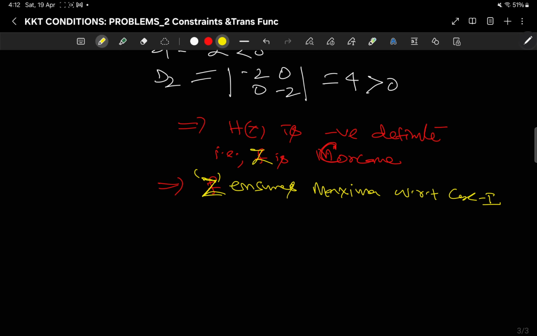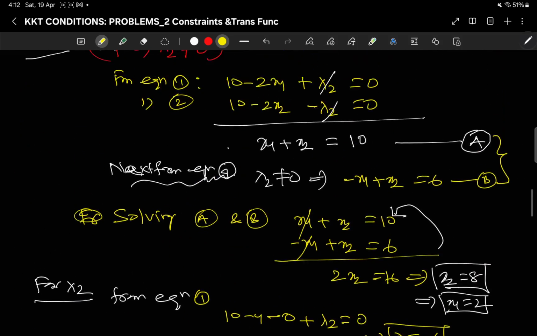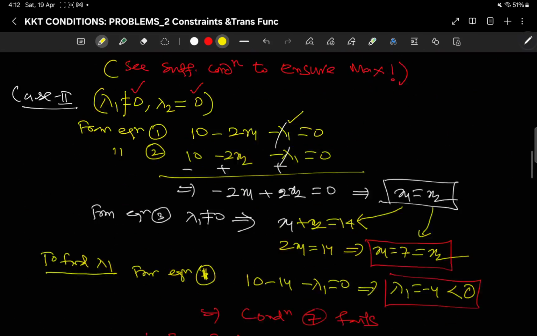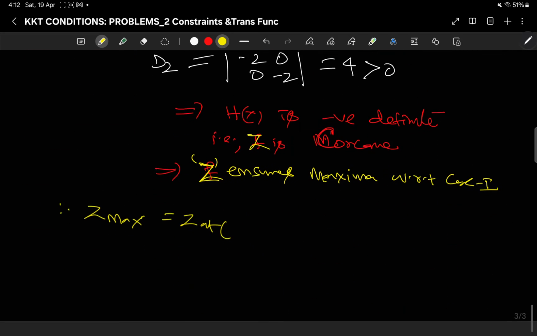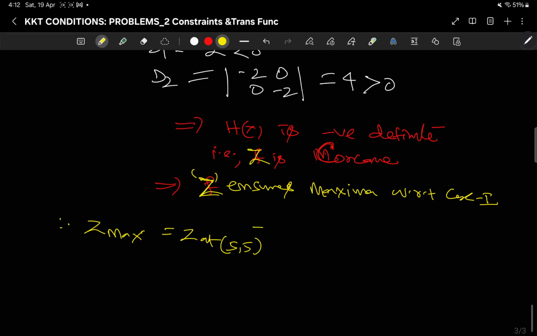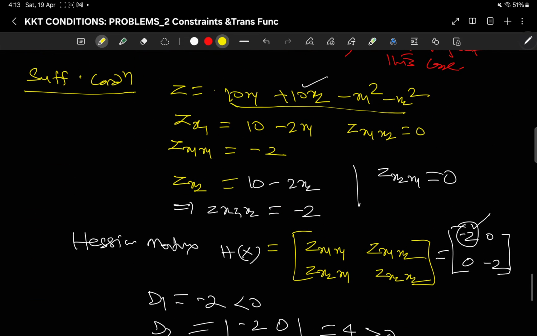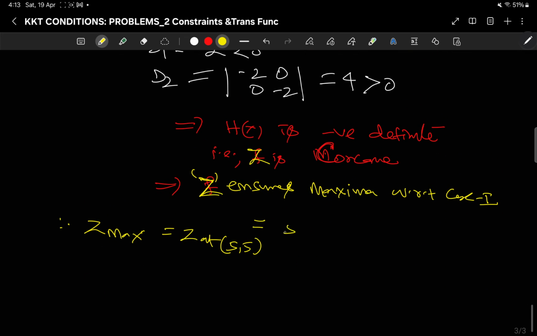So what is the maximum value now? My z max is equal to z at the point under case 1. Under case 1, what is the value? x1 is 5 and x2 is 5. With this, what is the value of z? If we solve it, z is 50 plus 50 minus 25 minus 25.